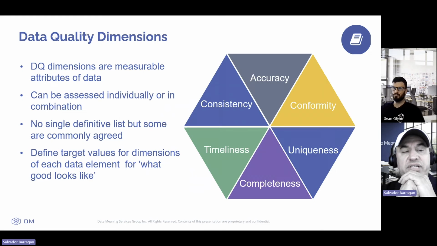Usually you build your metrics off of each of these dimensions as you move forward, and you define the targets for what good data looks like for each of these dimensions.